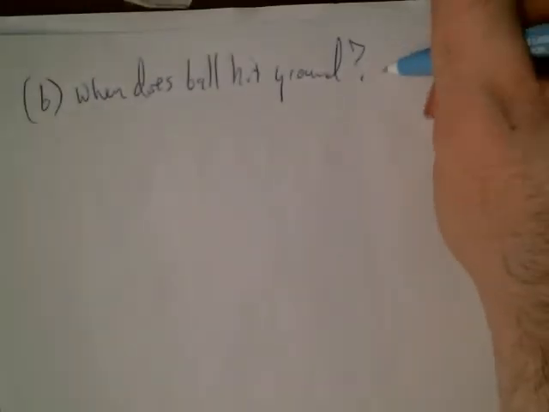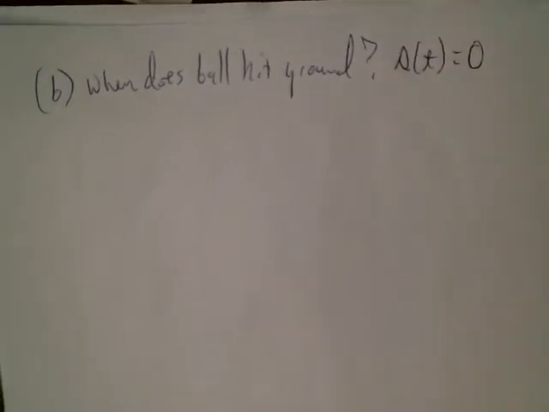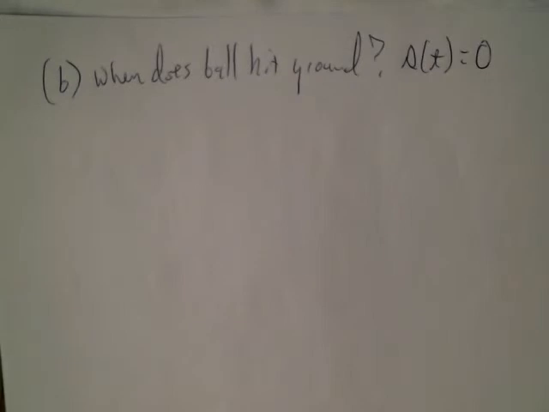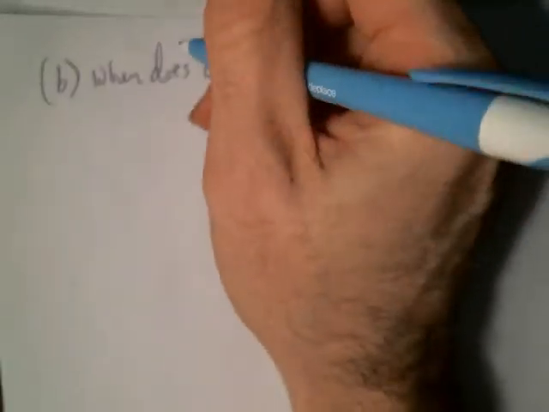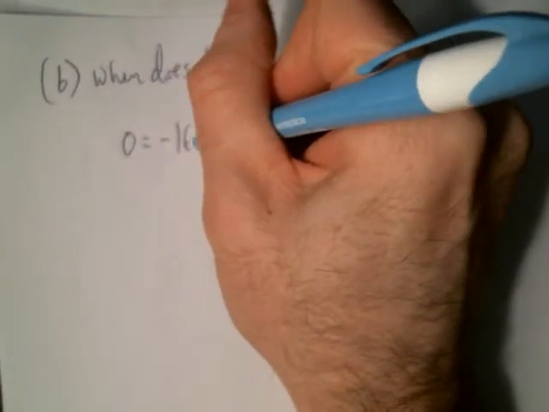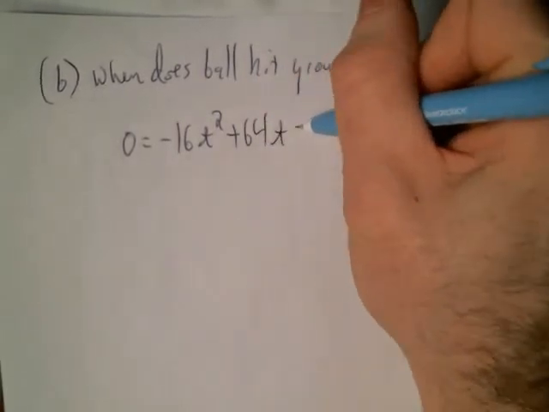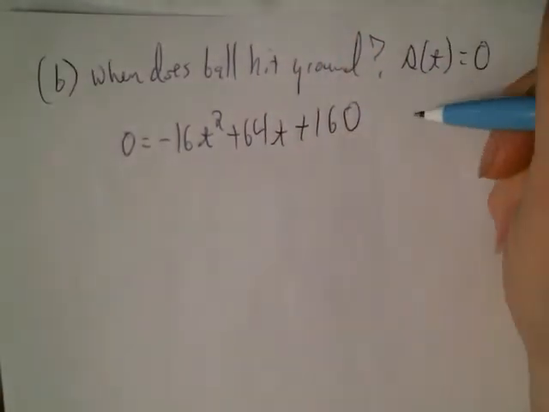They're being clever, but that's all they really want to know. So when is S of t equal to 0? And really all that is just the t-intercept. Okay, so you're going to set it equal to 0. 0 is negative 16t squared plus 64t plus 160.